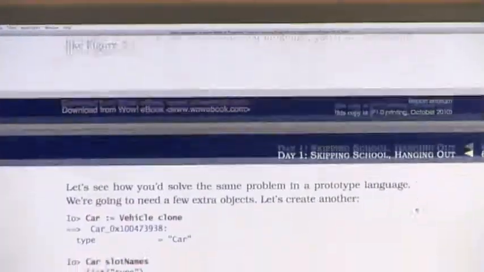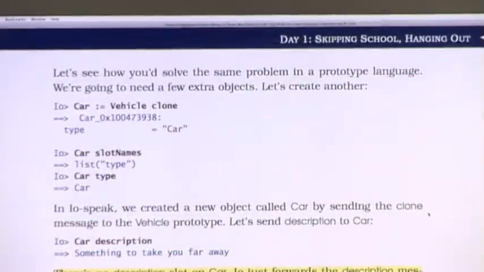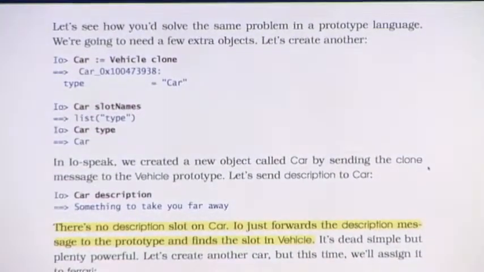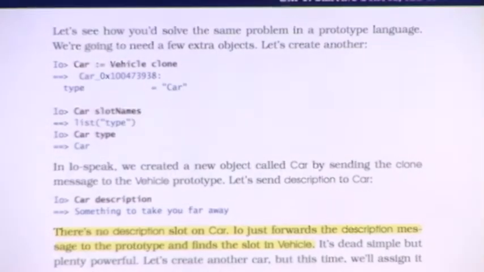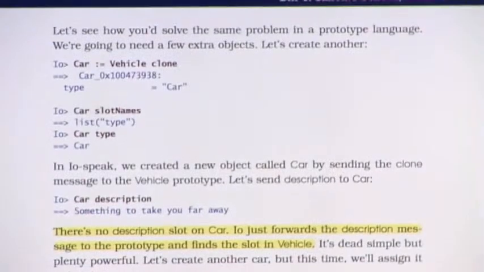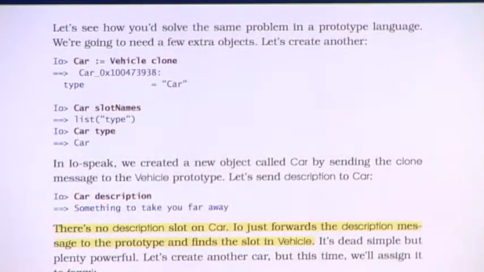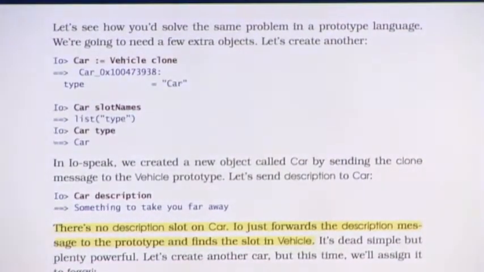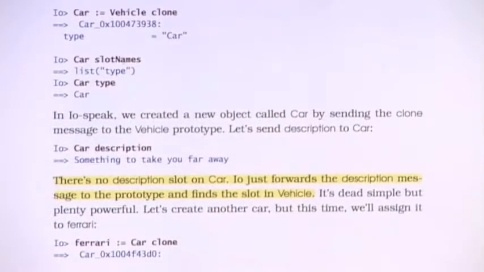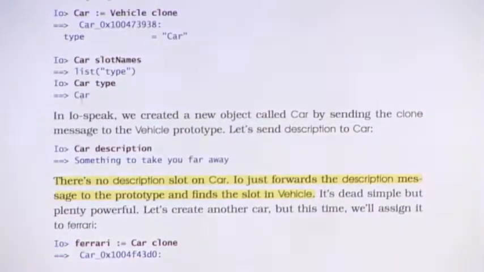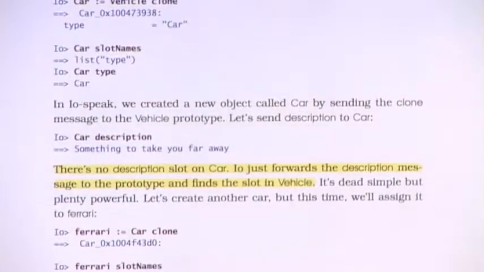So, how do you do inheritance? You clone from the proto that you made before, much like we did when we created that one. Because vehicle inherits from object, and now car inherits from vehicle. And the car type is car, yada yada.